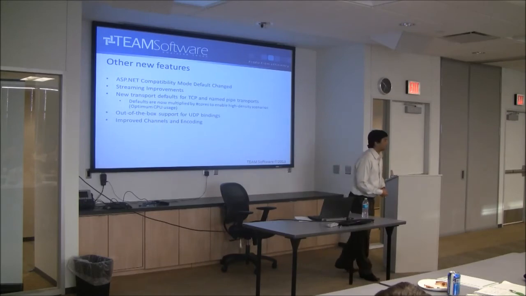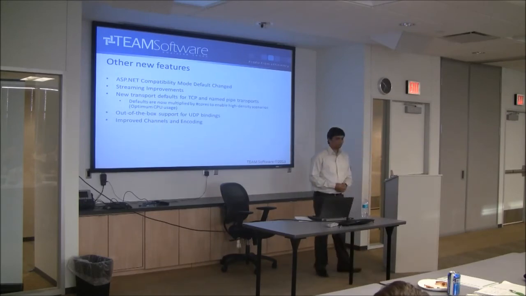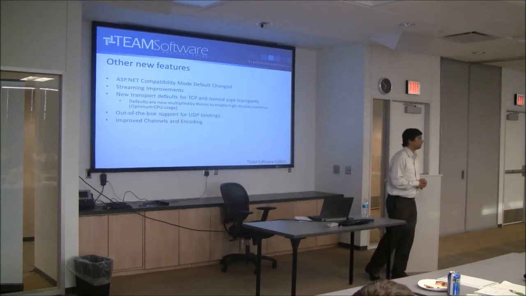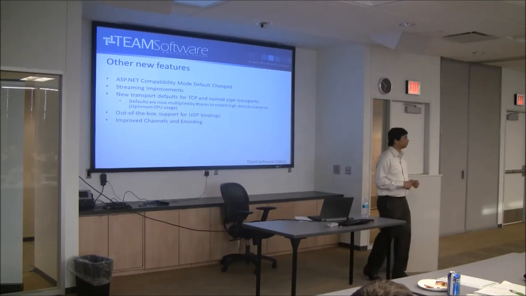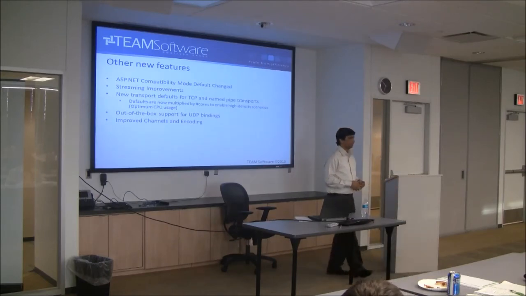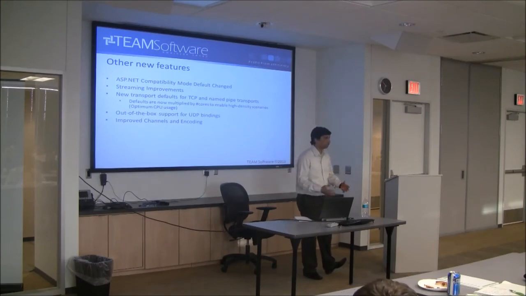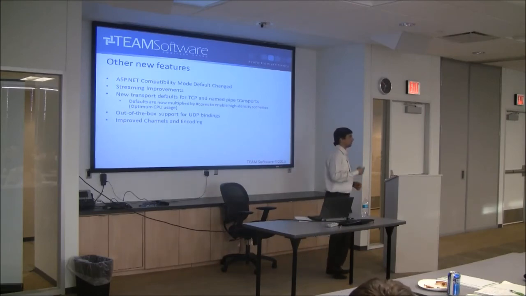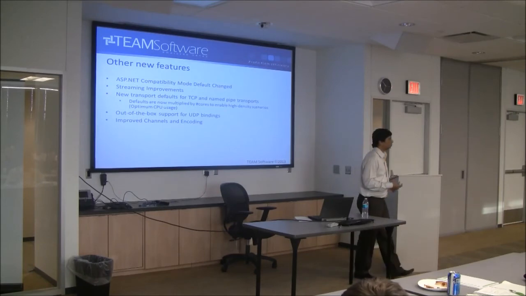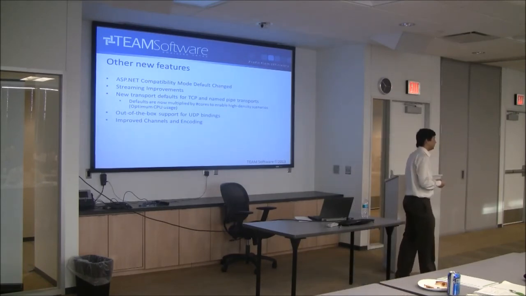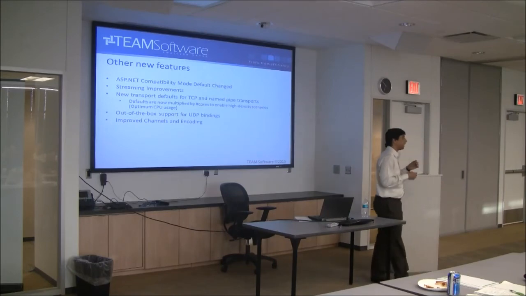Improved channels and encoding. Has anyone worked with Channel Factory? If you're not configuring Channel Factory through the config file, if you're using the constructor and trying to take control yourself, then every time there is a connection, a new instance of Channel Factory would be created. There is no way you could cache that.